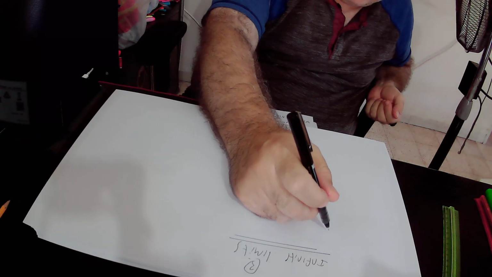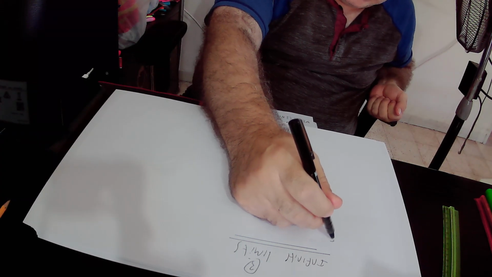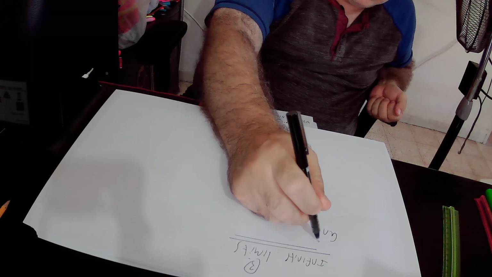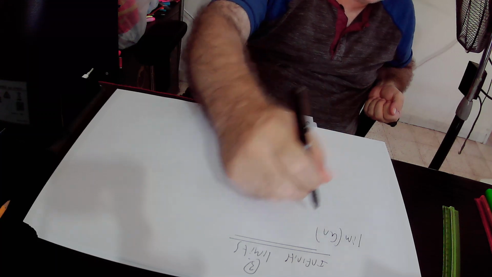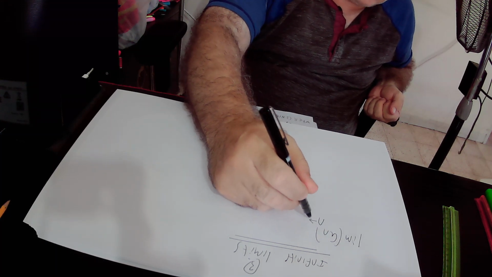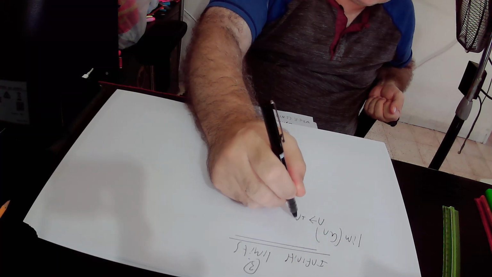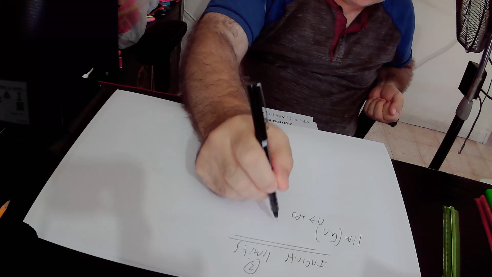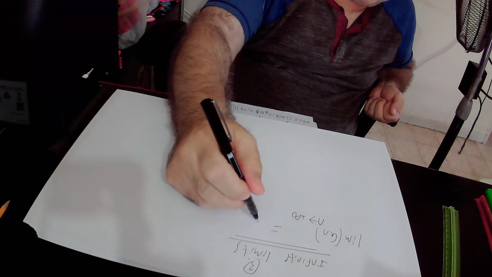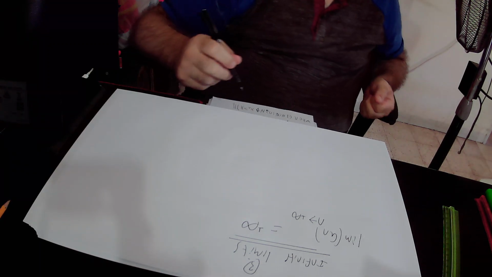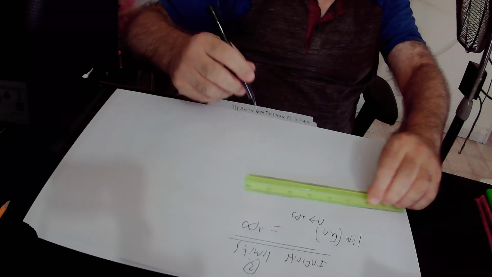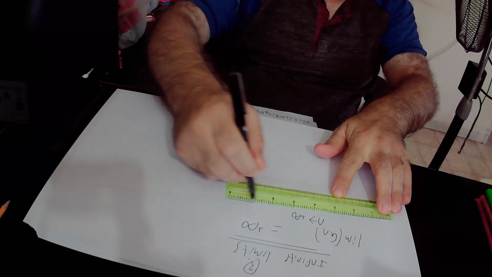So again we have sequence AN, and the limit of sequence AN when n tends to infinity is equal to plus infinity.